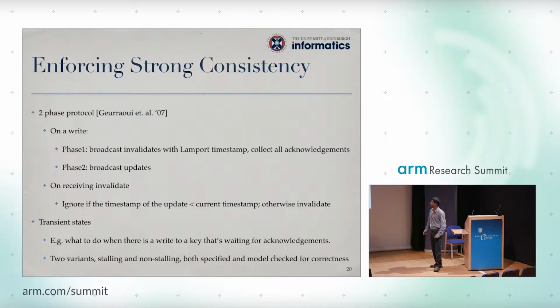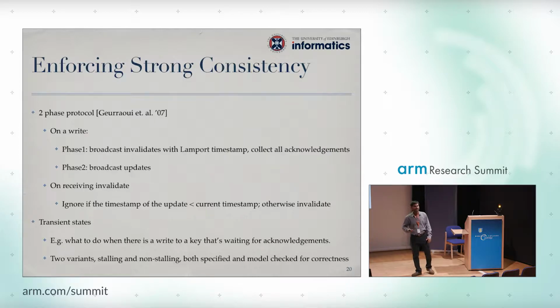But the challenge here is that, as alluded to by David in his talk yesterday, this simple protocol is only the partial story. You need to handle all the ugly transient states, or the big table, as he called it. For example, what to do when there is a write to a key that's waiting for acknowledgements? Would you go ahead with the write?